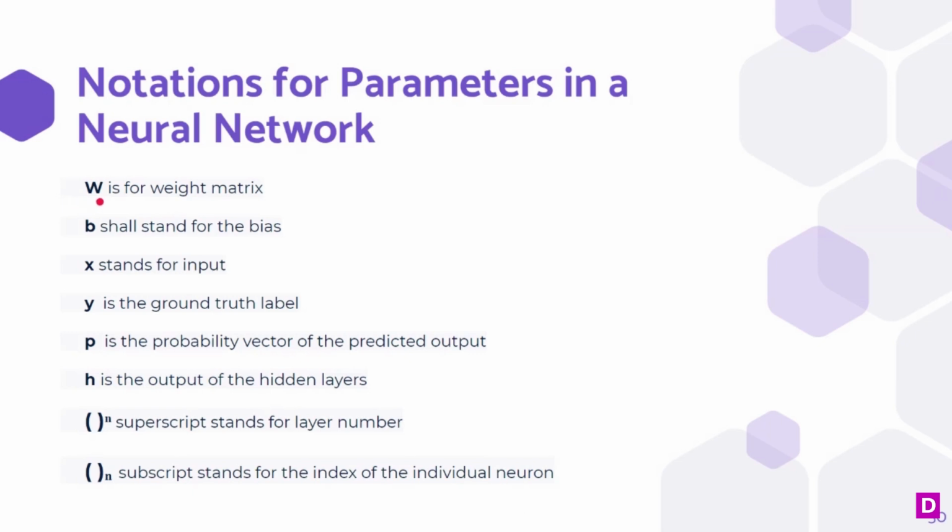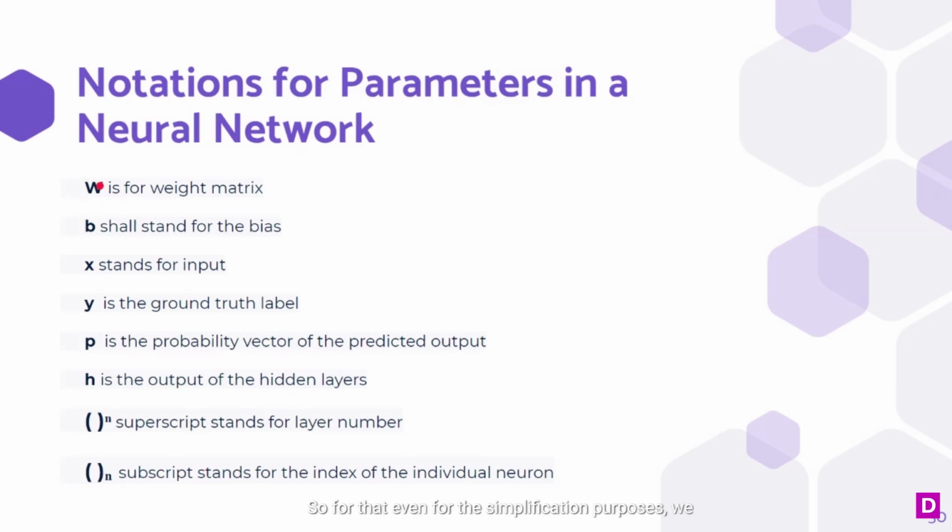We can't keep referring to things like fifth layer, fifth input, or second layer, first input when it comes to a large network structure, right?